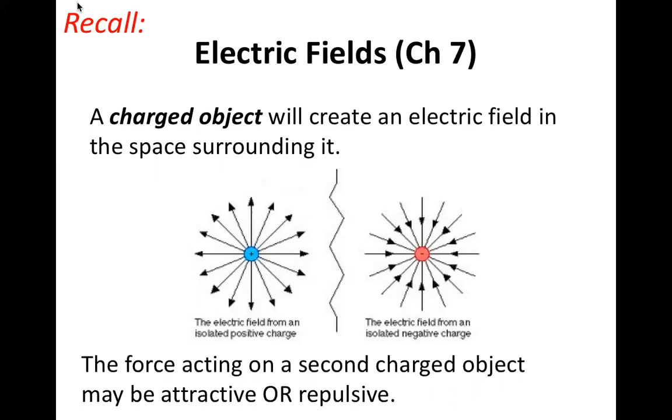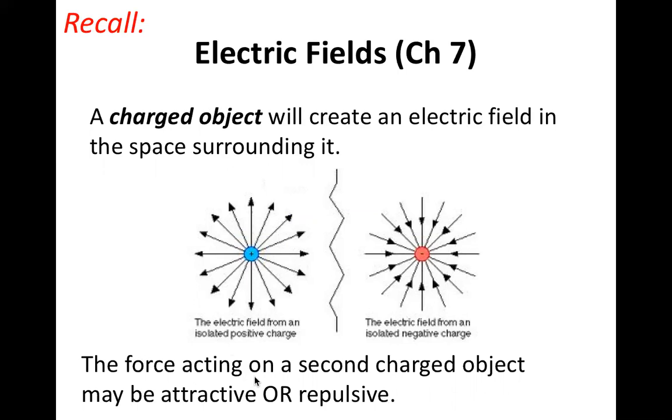And as we're going through these review slides, the reason why we're going through these and comparing the fields is because that is a major learning goal of this unit, that you can distinguish between the 3 chapters, and that you can point out all the many similarities that gravitational, electric, and magnetic fields have in common.